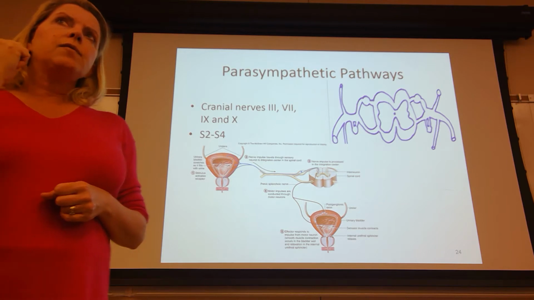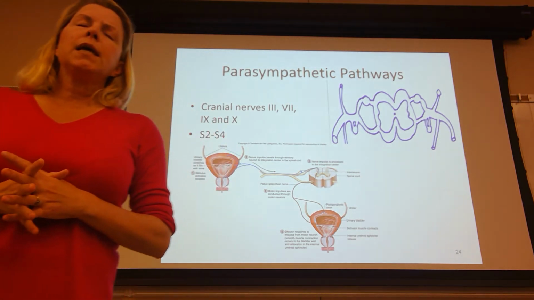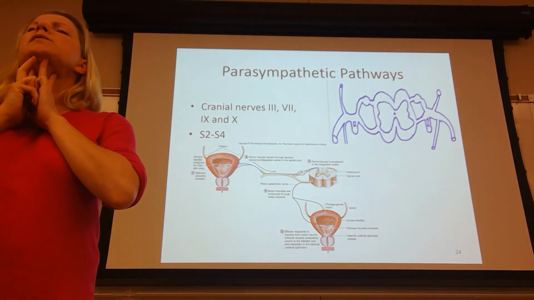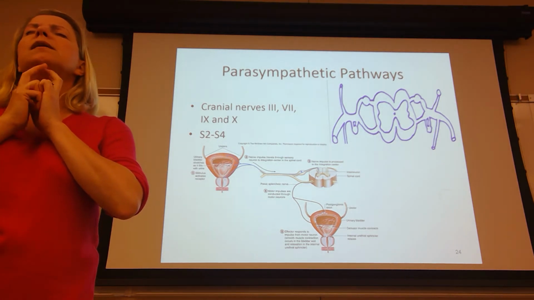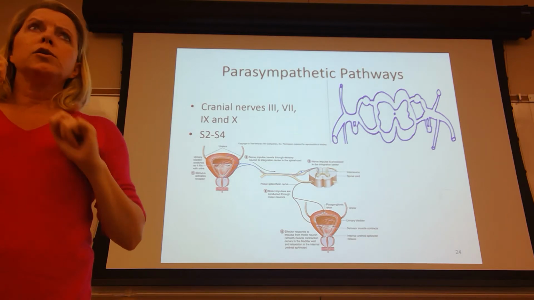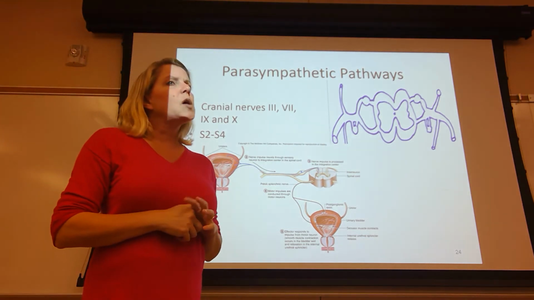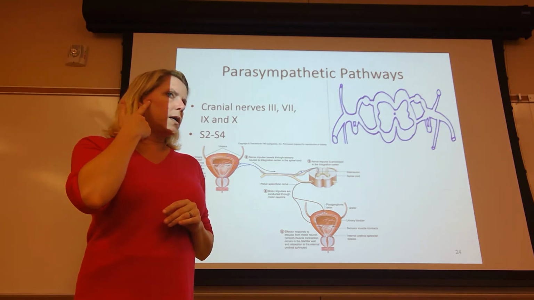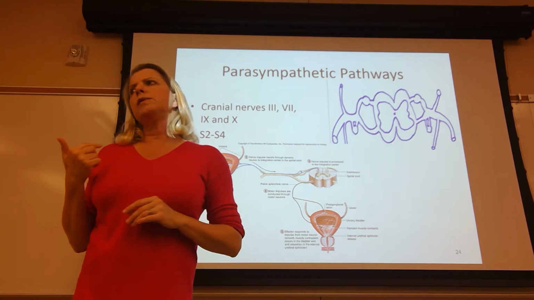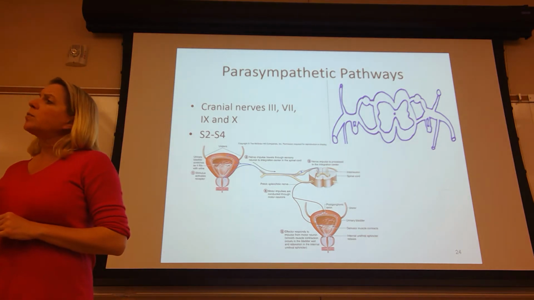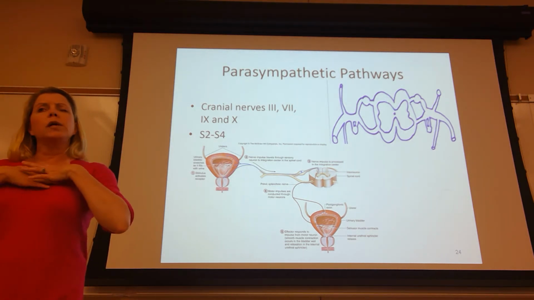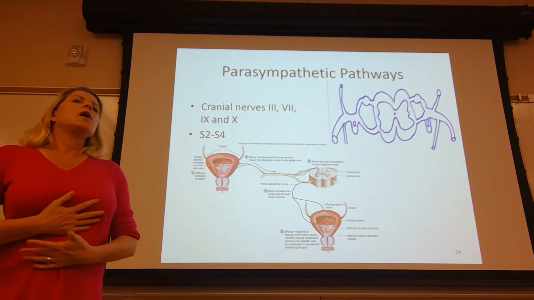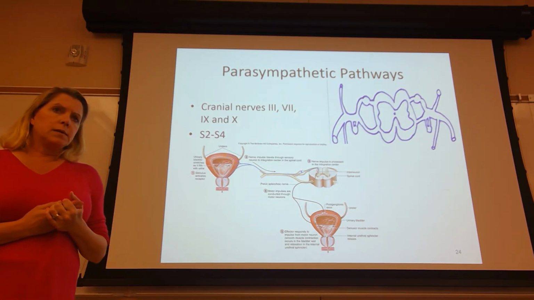Cranial nerve 7 will synapse on a postganglionic neuron that will innervate your lacrimal gland and your submandibular and sublingual glands. Cranial nerve 9 will synapse on a postganglionic neuron that will terminate on your parotid gland. And cranial nerve 10 will synapse on a postganglionic neuron that will innervate your heart, your lungs, and the smooth muscle of your abdominal organs.